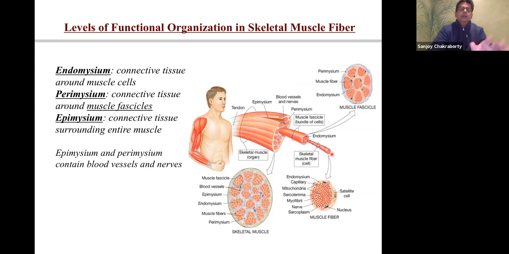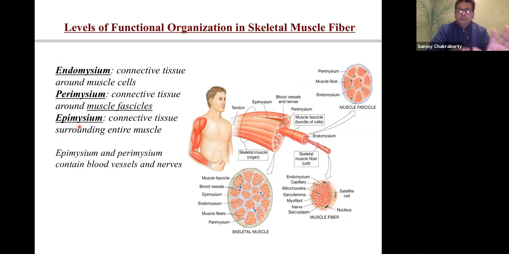Those layers are, by name, the innermost layer called endomysium, the middle layer called perimysium, and the outermost layer called epimysium. Endomysium, perimysium, epimysium. Learn this carefully because this is the exact same type of anatomy we are going to learn in nerve. Only the name will change. At that time we will call it endoneurium, perineurium, and epineurium.